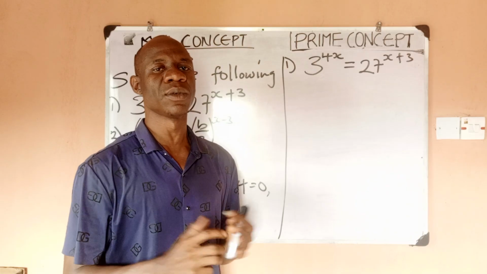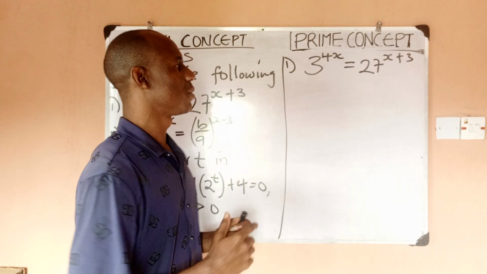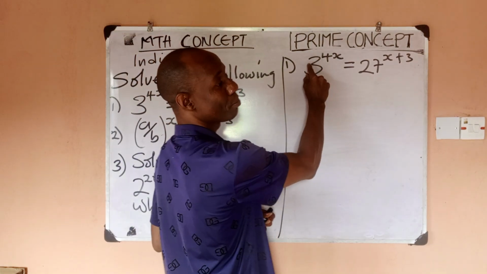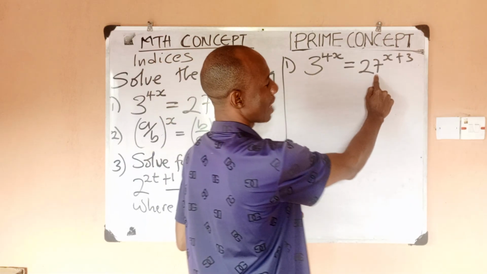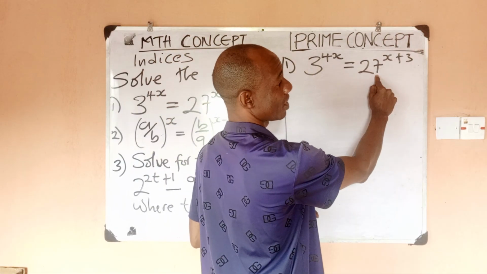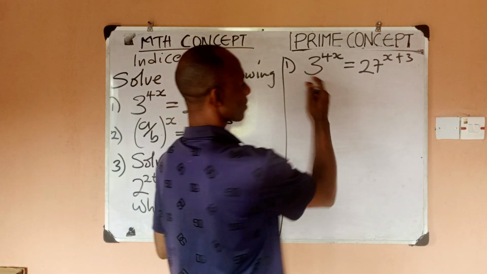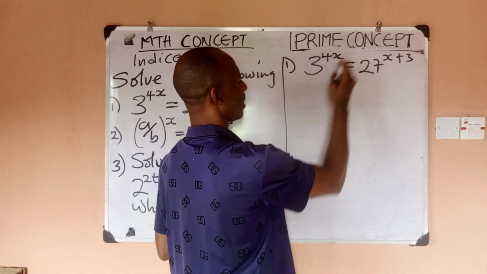If it is not possible, then number 2 is you find a common power. One of them must be possible. So let's start by checking. This is our base 3, which is the simplest form, you can't reduce 3 any further. But let's check. We have 27. Can you reduce 27 so that you can have 3? Very possible. So quickly, I can find a common base in this case. So I'm not so interested in the common power.